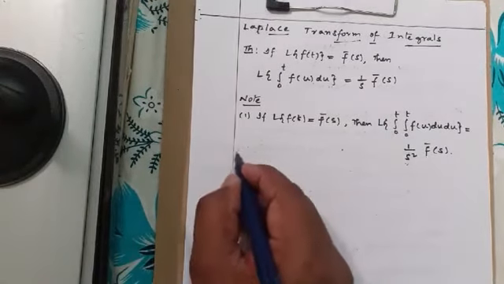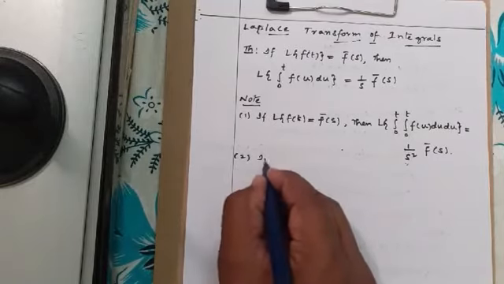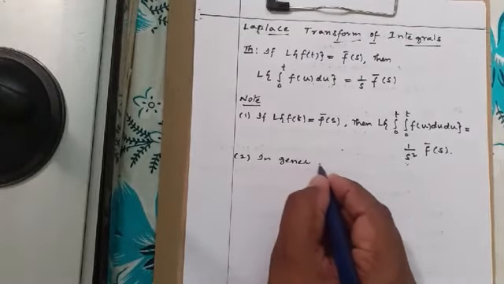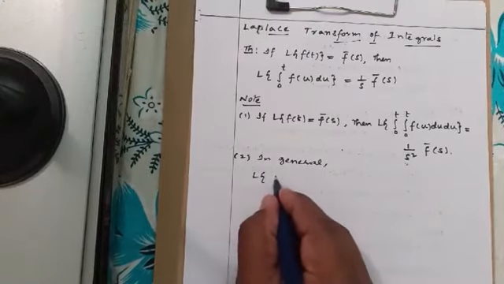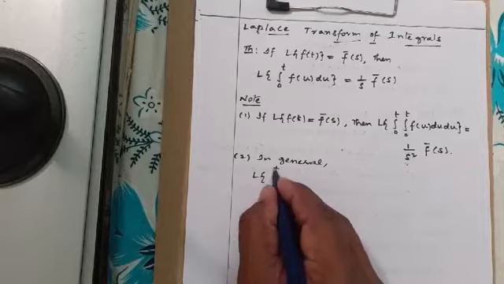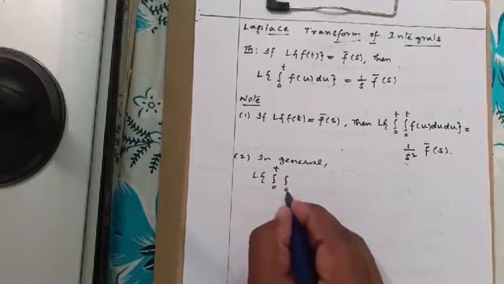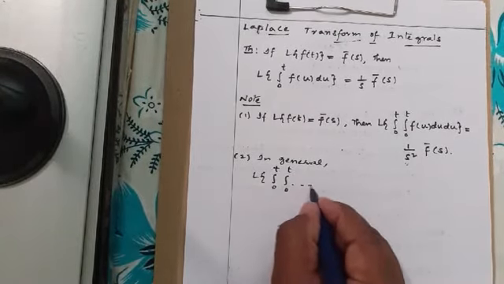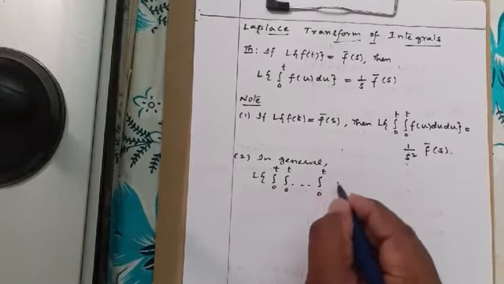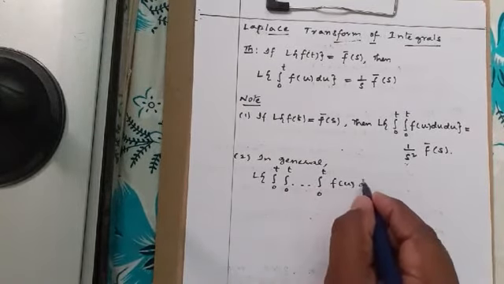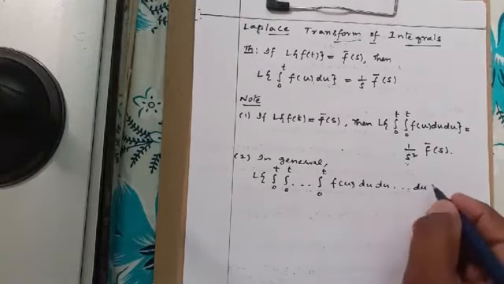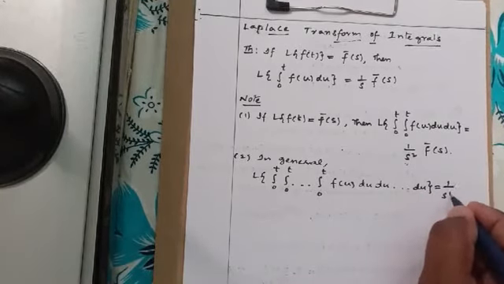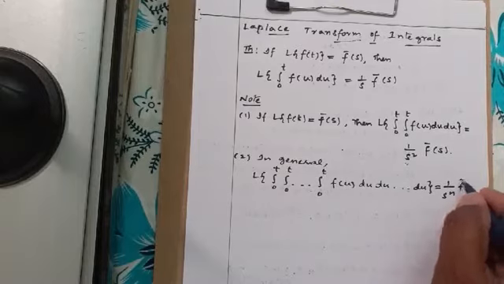Now in the second note we will write in general, Laplace of integral 0 to t, and so on, integral 0 to t f of u du and so on du, then close the bracket, then this is equal to 1 upon s power n f bar s.